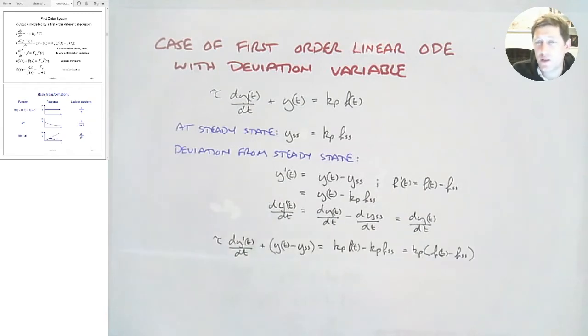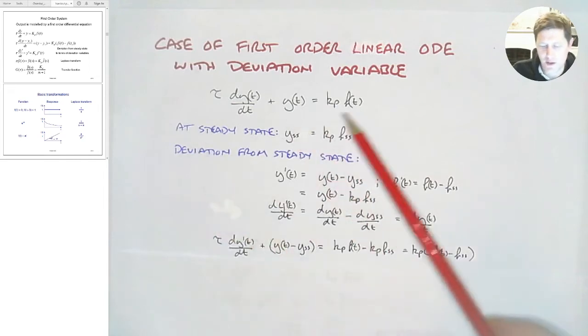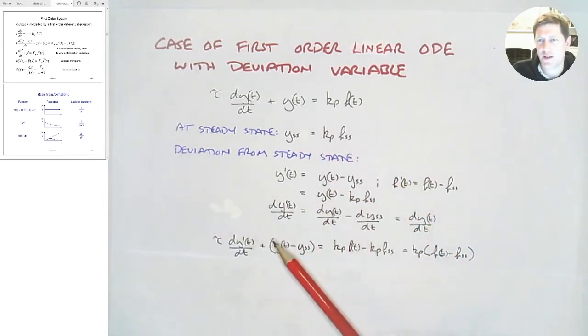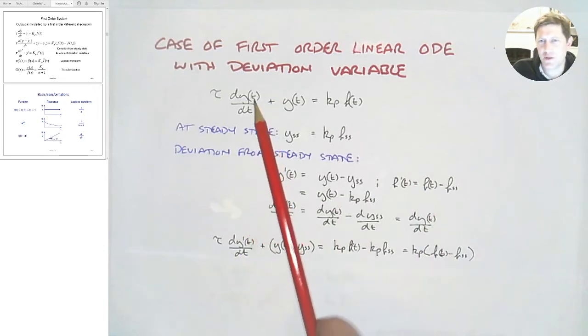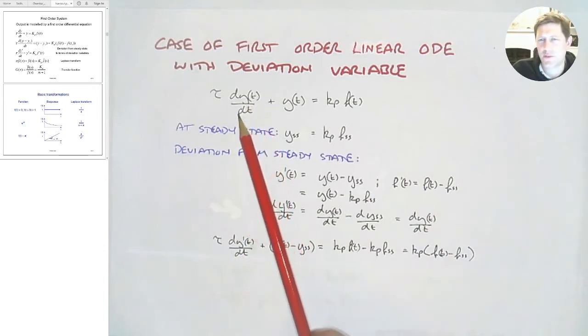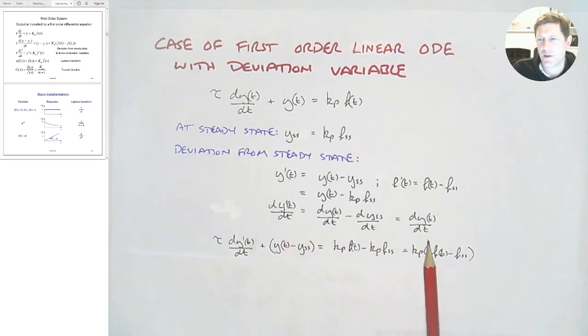So now we can do a conversion. We want to convert our differential equation into the deviation variable. We can start to do that. So we know that dy(t)/dt, that's here, we know that's equal to dy'(t)/dt, so we can substitute that in.